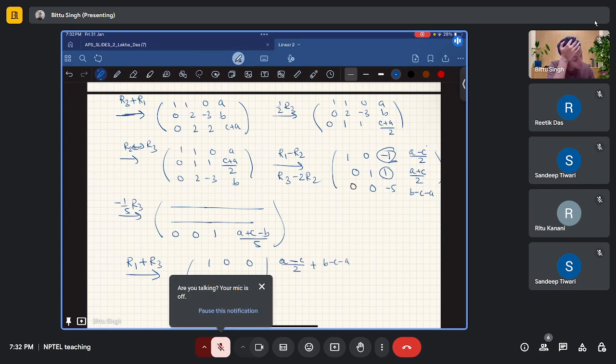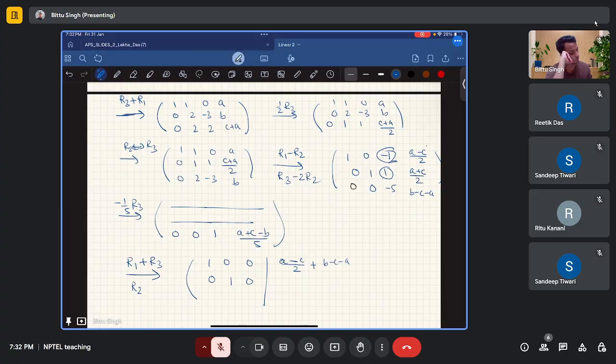And similarly it is 0 1 0, because I am applying the operation R2 minus R3, so the 1 gets cancelled.